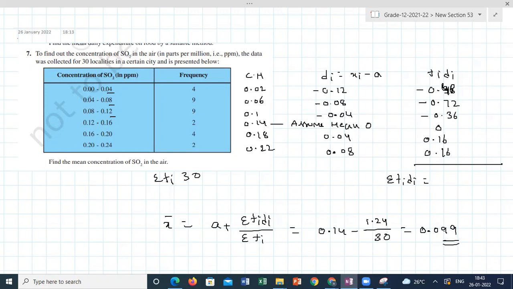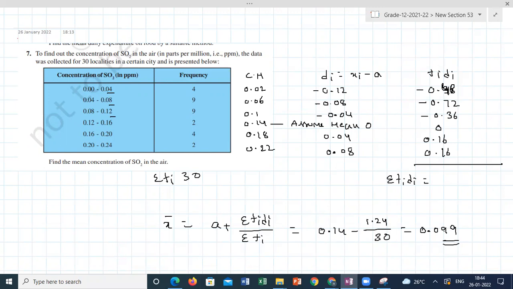Check your answers also after all calculations. 0.099 is the mean concentration of SO2 across all 30 cities.